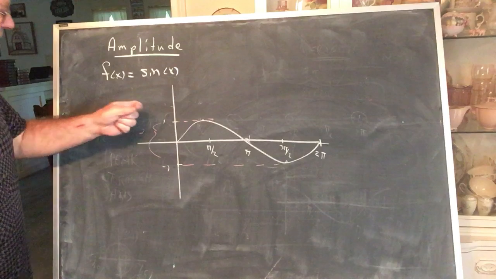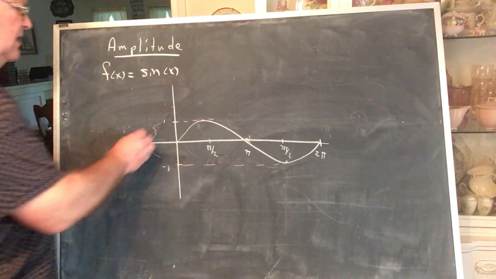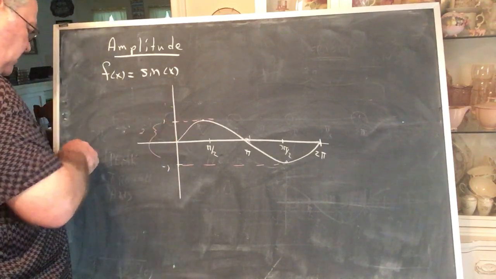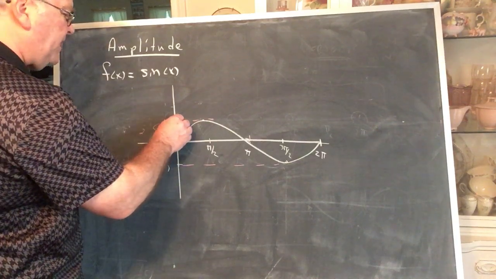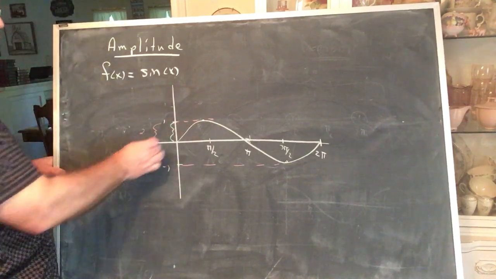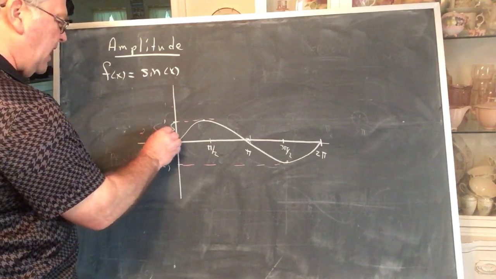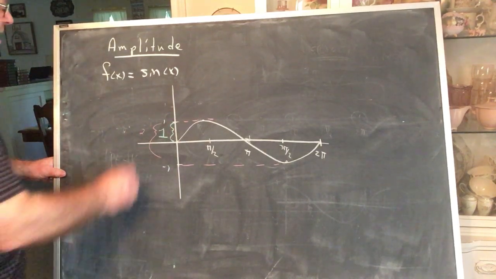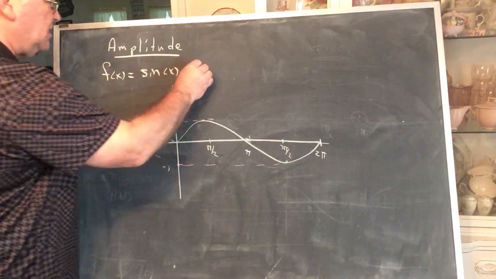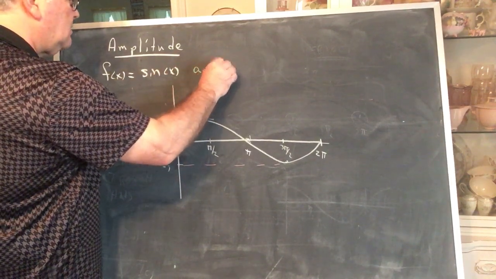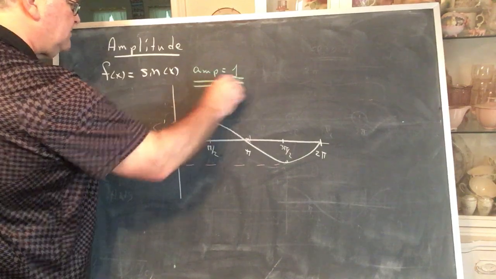And so in this case, for the basic sine curve, the amplitude is the distance between either the peak and the axis or the axis and the trough. But in either case, that distance is 1. The amplitude of this function is 1.